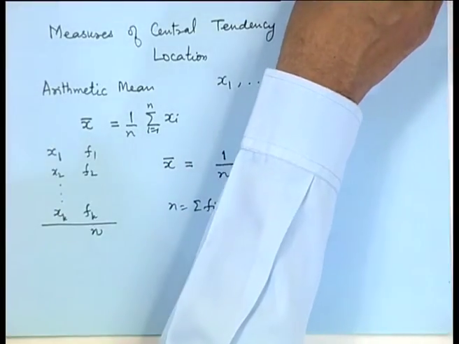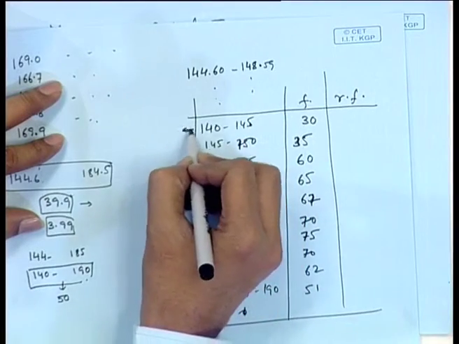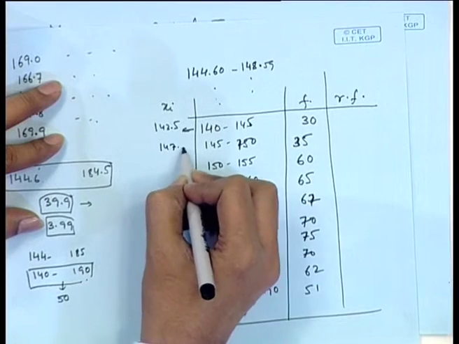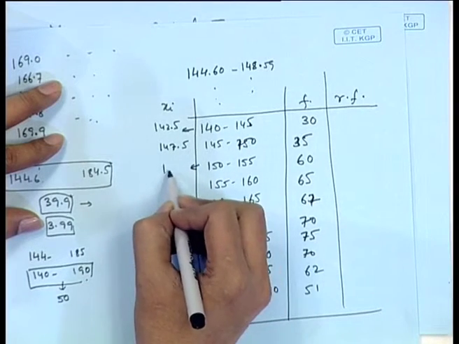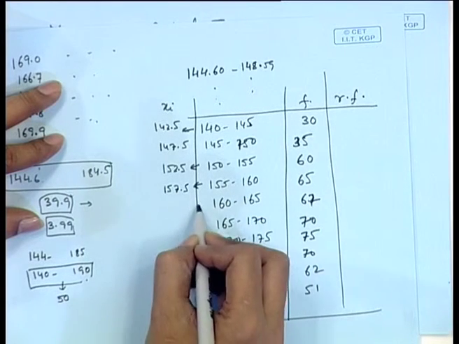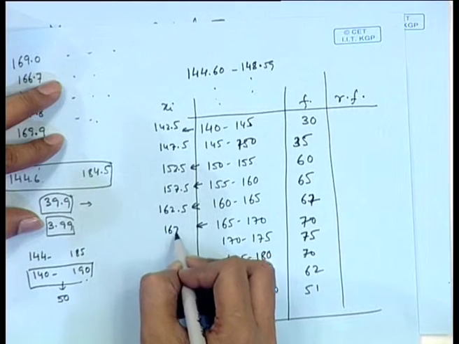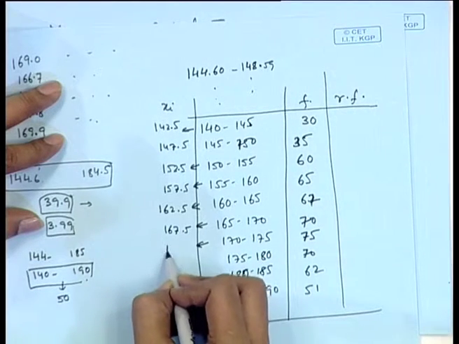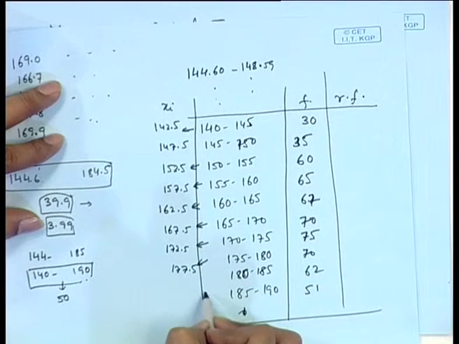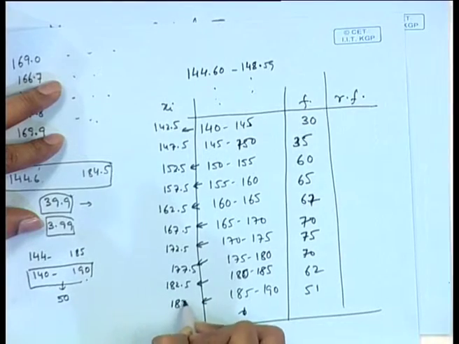So, in this particular example, you may take x i's as 142.5, 147.5, 152.5, 157.5, 162.5, 167.5, 172.5, 177.5, 182.5 and 187.5.